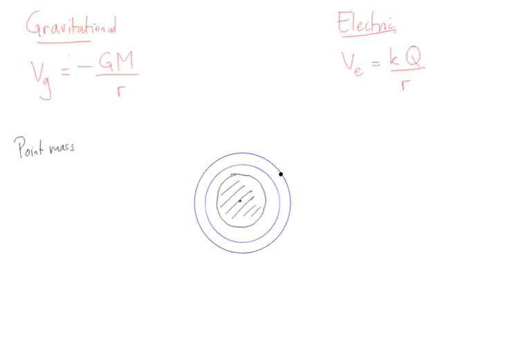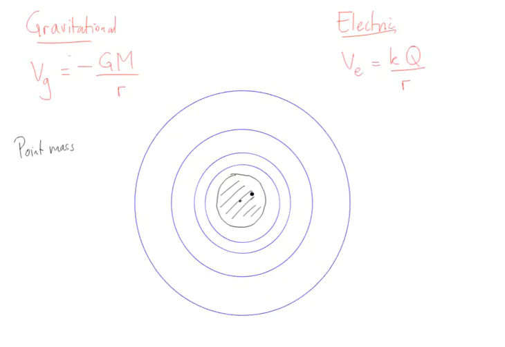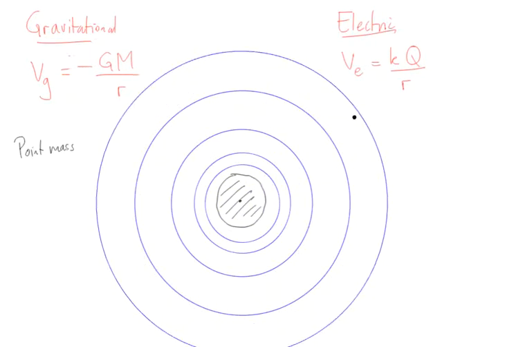So it might look like this, but then the next one, the difference in gravitational potential is going to be slightly bigger, so we have to go a bit further out, like this, and like this. You see they're getting slightly bigger as we go out because the gravitational potential decreases proportionally to 1 upon r.